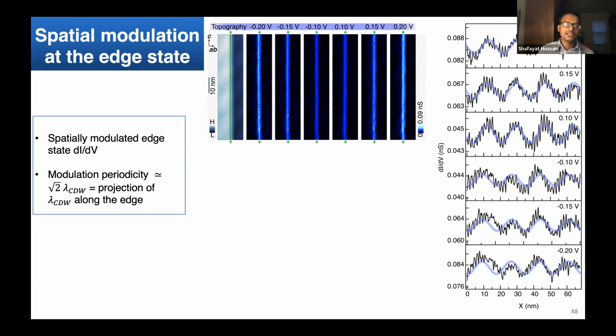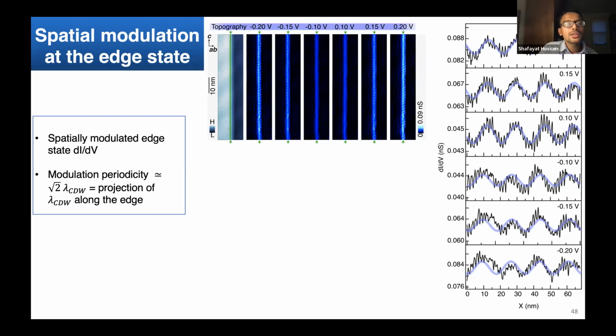They suggested that if you look at the edge, it should show an oscillation of the density of states, and the periodicity of that oscillation should be square root of 2 lambda CDW, which is just the projection of the lambda CDW along the edge, because the charge density wave vector is about 45 degrees with respect to the c-axis.